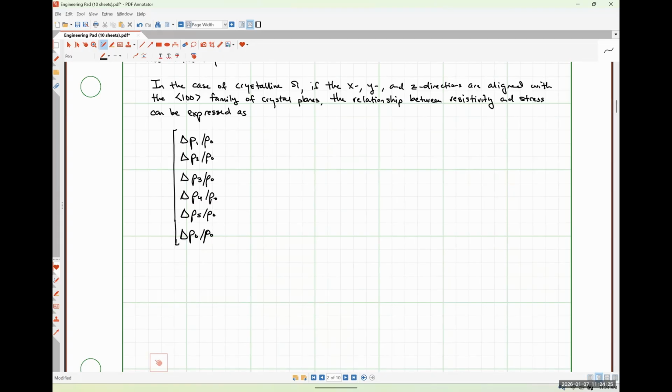I'll explain what all these directions mean in just a moment. So this is going to be equal to a matrix of piezoresistive coefficients. This is going to be a 6 by 6 matrix.